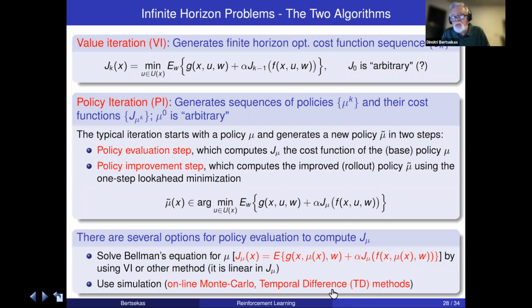There are also special stochastic iterative algorithms for solving this equation. An important class of methods of this type is temporal difference methods. And there's a famous method called TD lambda that belongs to those. We are not going to go very far along this route. We're going to discuss simpler and more understandable methods for policy evaluation as we consider approximate implementations of policy iteration.